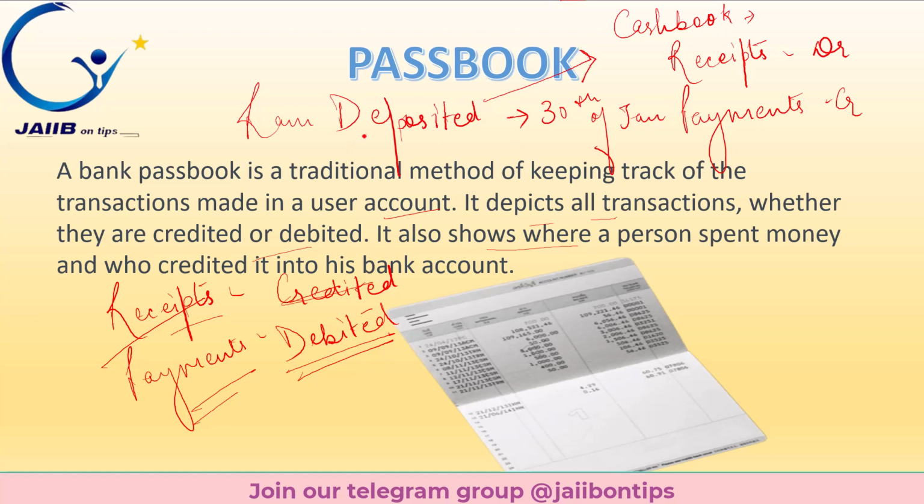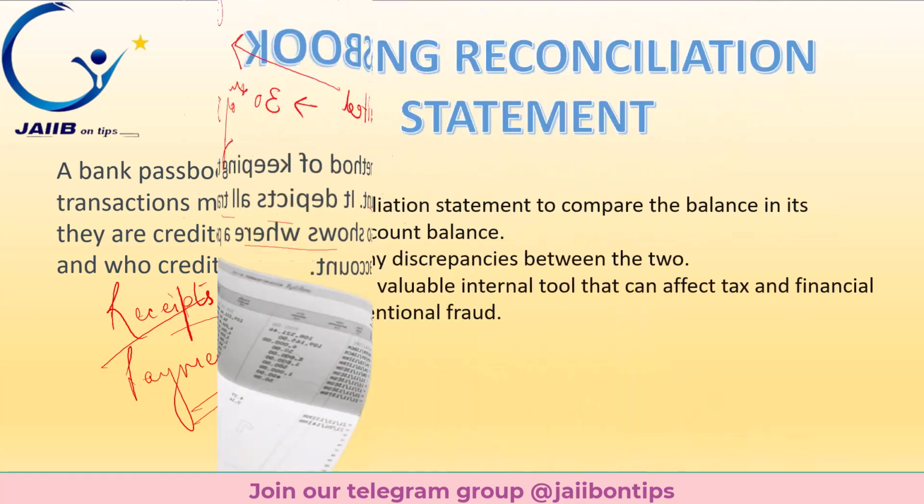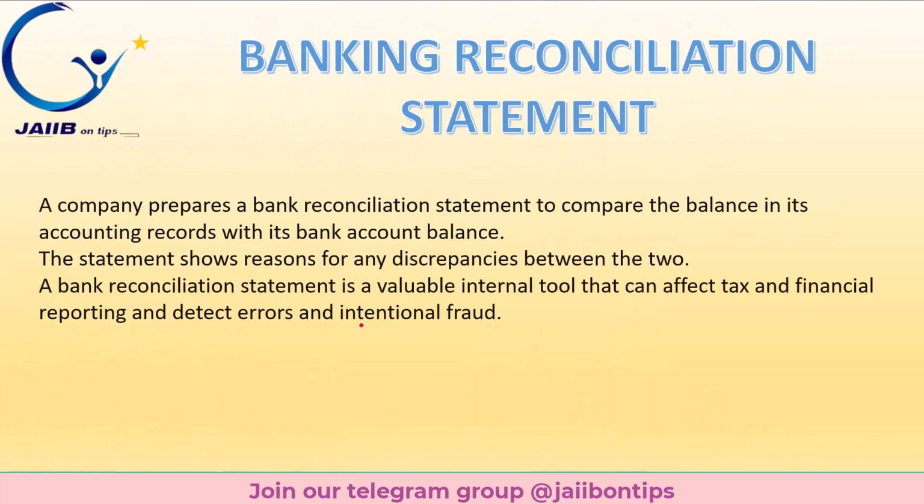But in the Passbook, he will get the amount on the day when that payment is being done in his bank account, right? We will understand this process again in the later slides. So we understood what the Passbook and the cash book is and how we can do the debit and credit side. Okay, so let's understand what is banking reconciliation statement.